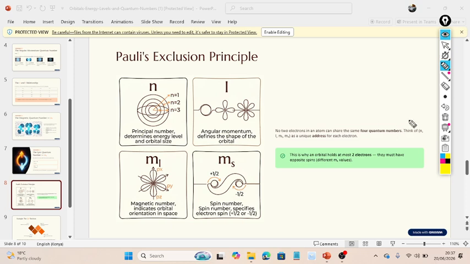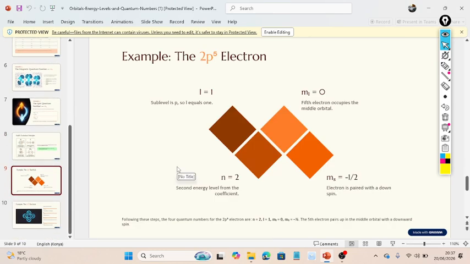Right. So for that being said, maybe we can move on to our second last slide, and in this one I'm going to give an example of how we can fully define an electron when writing an electronic configuration. For example, you have an electronic configuration of 2p5.